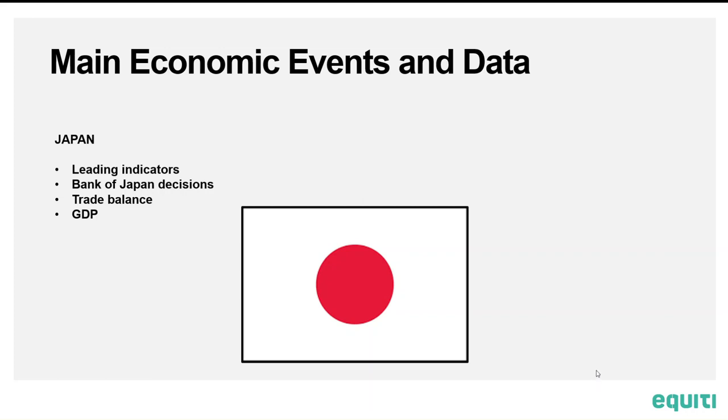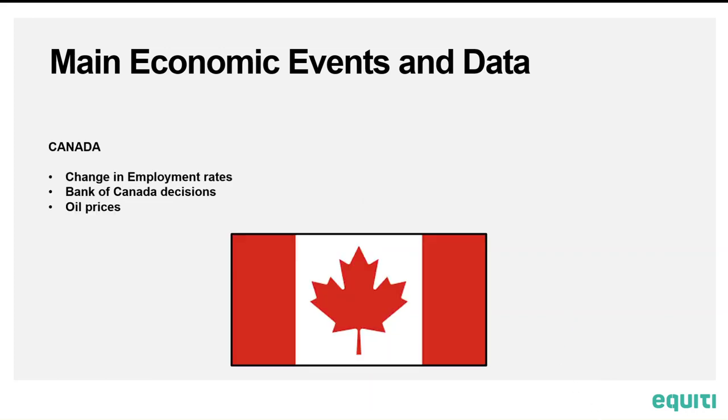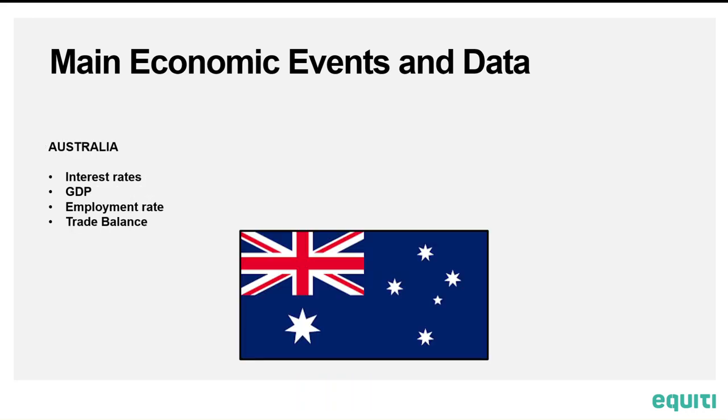Japan, just like the USD/JPY, has a special indicator, the trade balance, and that's why it's important to follow as well. From Canada, we have the change in employment rates and the Bank of Canada decisions, and that will also correlate with oil prices. The USD/CAD and the AUD/USD are two of those currencies that are affected by commodity countries like Canada and Australia.